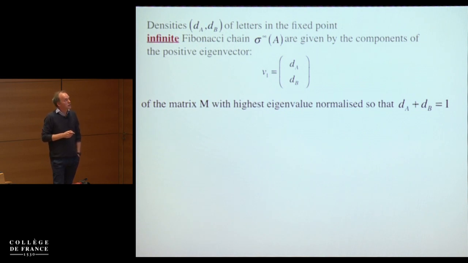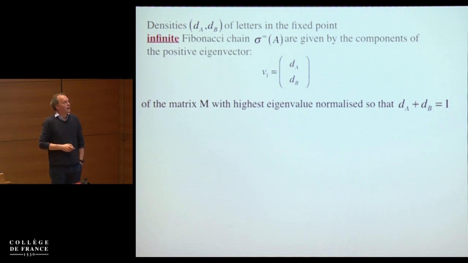And in fact, those densities, which mean the ratio of letters that are A or B, are given by the components of the positive eigenvector of the matrix M that I wrote before, with the highest eigenvalue, normalized so that the density of A and B is equal to 1.